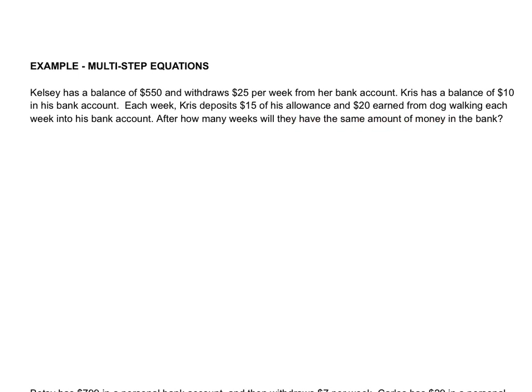So the question is, after how many weeks will they have the same amount of money in the bank? So if I look at this, I don't know how many weeks there are. So I'm going to let that be my variable. I'm going to say that W represents the number of weeks. Now we have two scenarios here, all right?